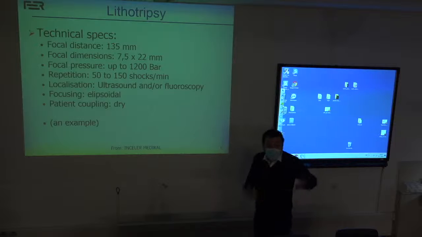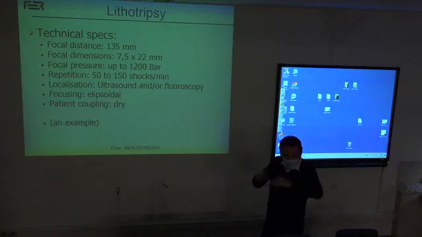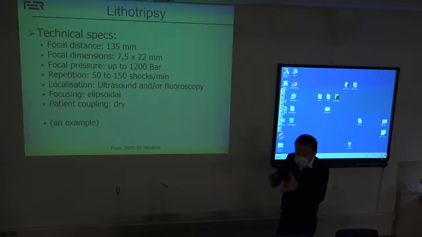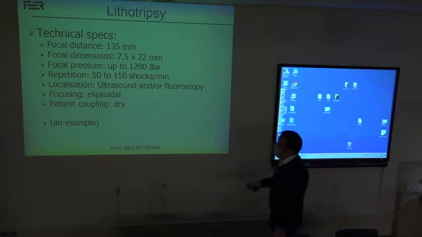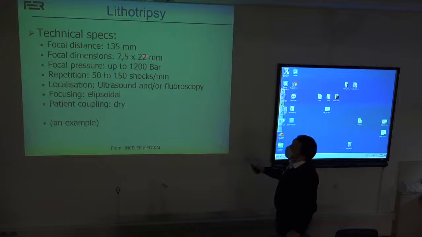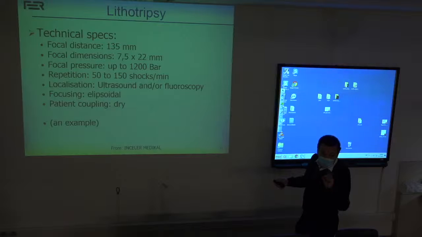And then if you have somebody who is skinny, you can adjust that you move those devices within the head of that probe, that large probe, to higher depth, so that you can always reach the focusing. As you can see, the dimension of the cross area is around 7.5 millimeters, so it's relatively small.